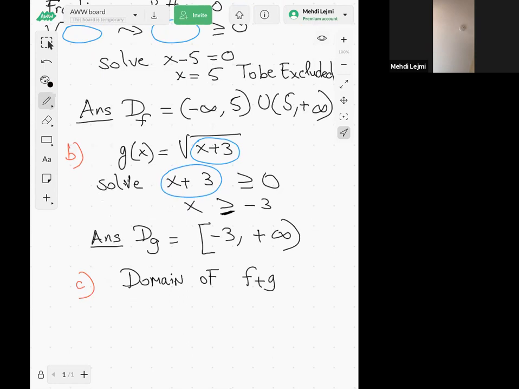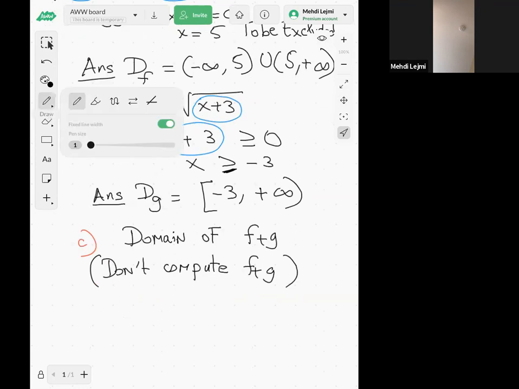Because we have a theorem which says that the domain of f plus g, or f minus g, or f times g, is the common domain. So all you have to do is find the common domain to f and g.